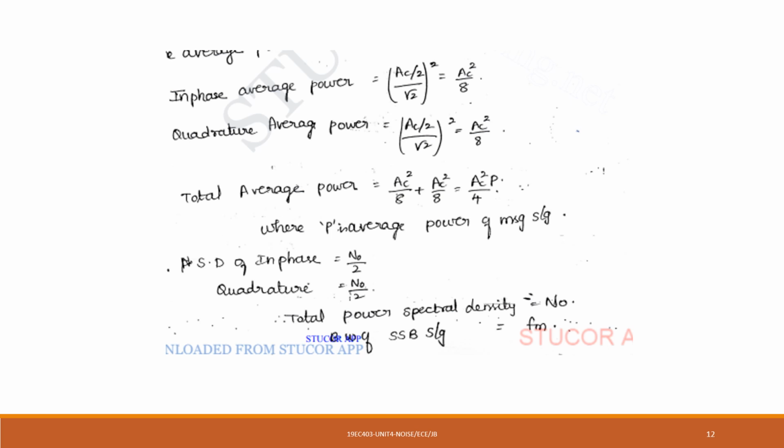And as we did for the previous system, we calculate the average power for both the in-phase as well as the quadrature component. So it is once again Ac squared P divided by 4. I calculate both the in-phase as well as the quadrature components here. And the power spectral density of the additive white Gaussian noise is always N0 divided by 2.